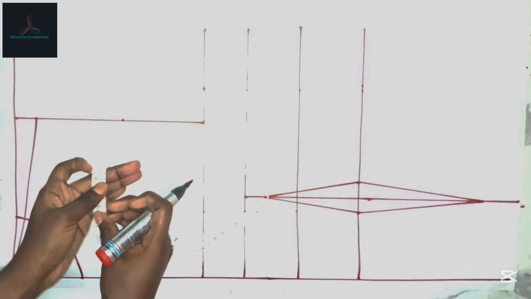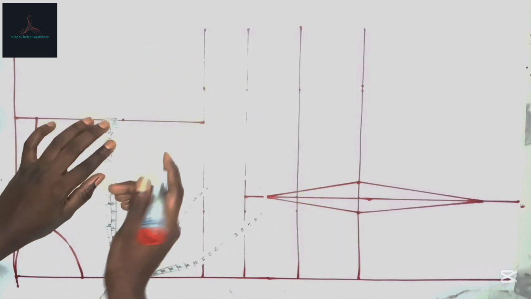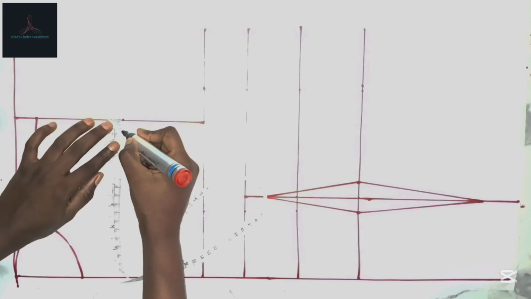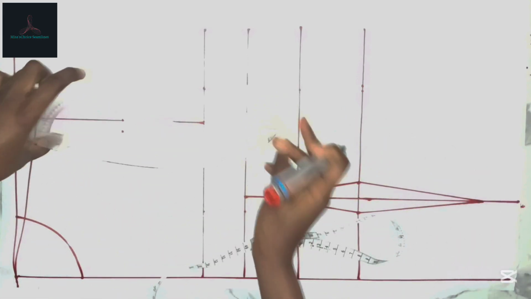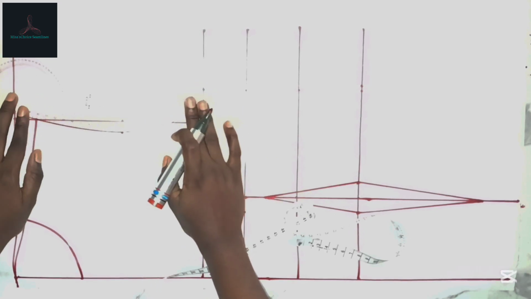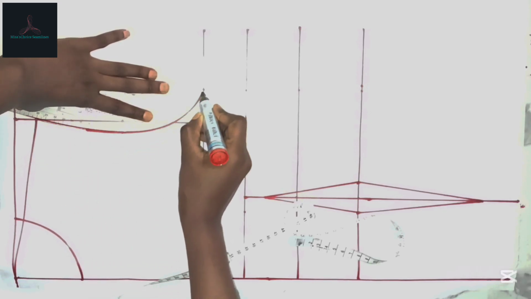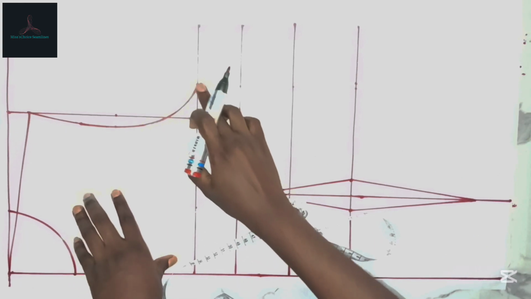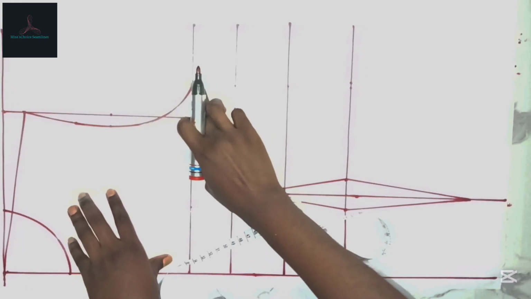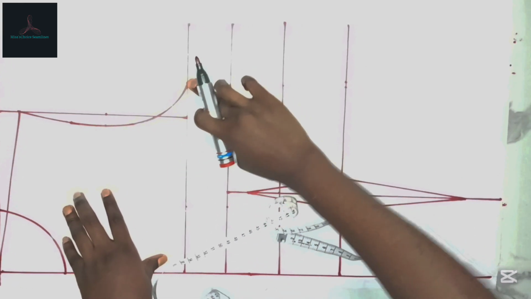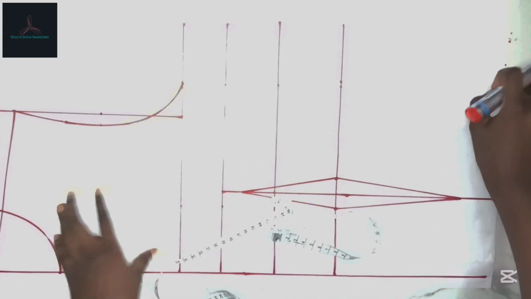From this midpoint, I'm going to come in by 1/2 inch. Now I am going to curve my armhole. And now I will join this chest line measurement of the bust, the waistline and the hip together.